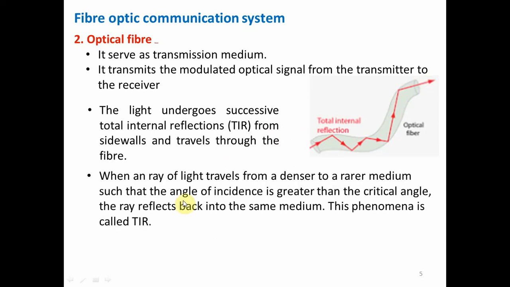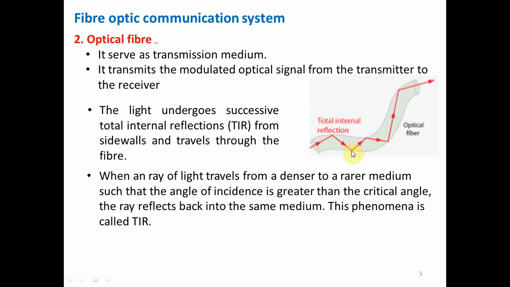What is total internal reflection? When a ray of light, this is our ray, tries to travel from a denser medium to a rarer medium, and at this point, if the angle of incidence is greater than critical angle, then the ray reflects back into the same medium. At this point also, the ray tries to travel from a denser to a rarer medium.